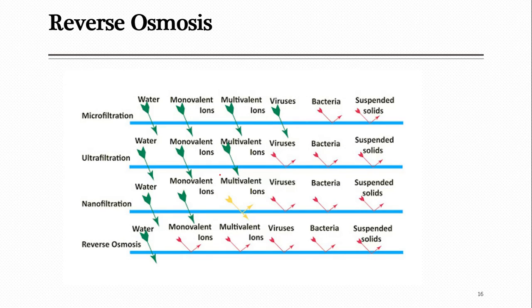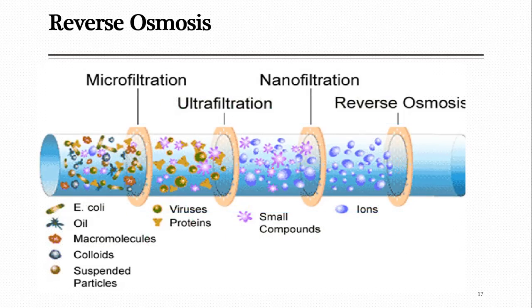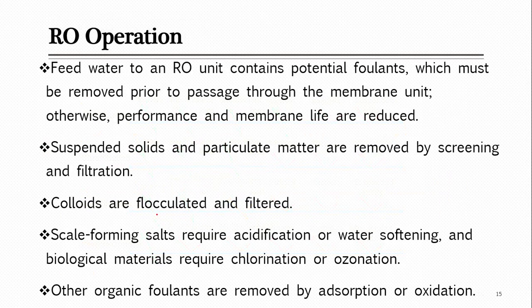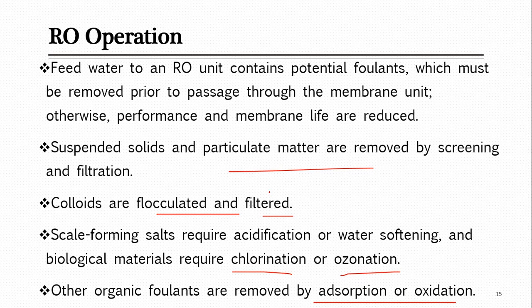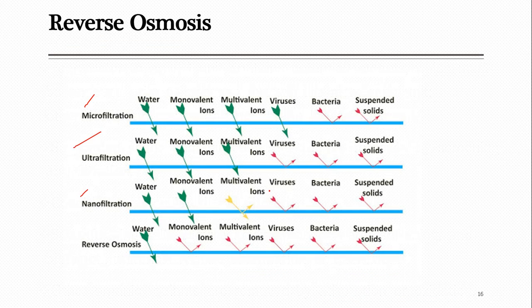And why do we separate all this stuff first? We discussed that you can use various other porous membranes like micro, ultra and nanofiltration membranes to remove some of those contaminants, and sometimes you can also use other processes like flocculation, filtration, ozonation, chlorination, oxidation and adsorption. These are various pre-treatments used before bringing the water for the final removal of monovalent ions.